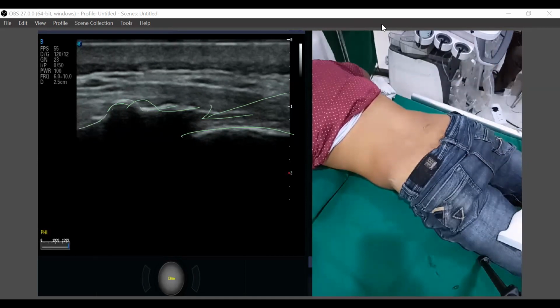All right. So here what you can see, this is the S3. Okay, this is the spine. Now this is the upper table and then it becomes the lower table. And in between this is the sacrococcygeal ligament.